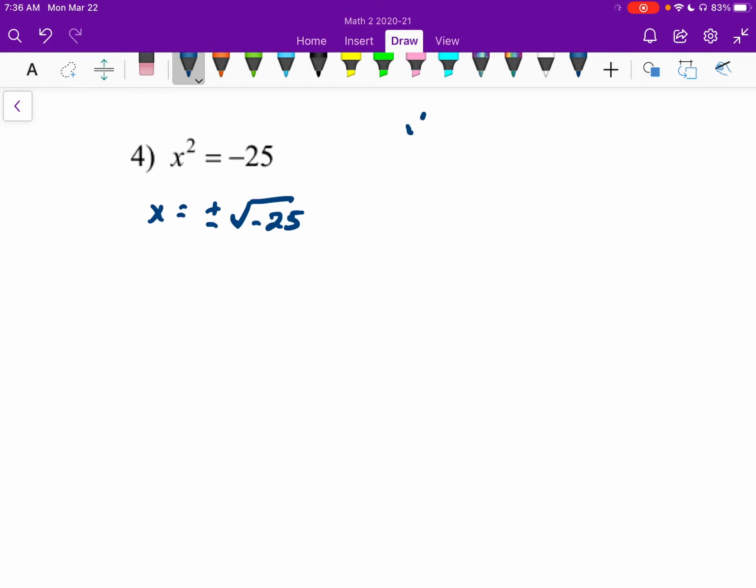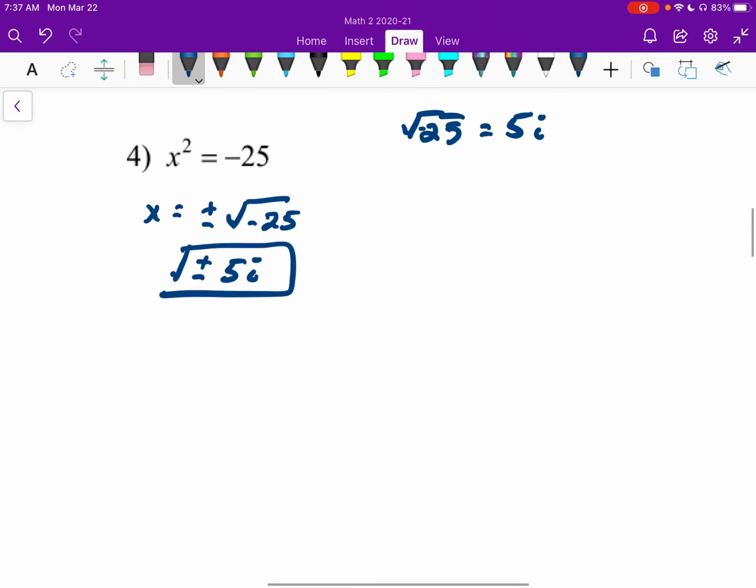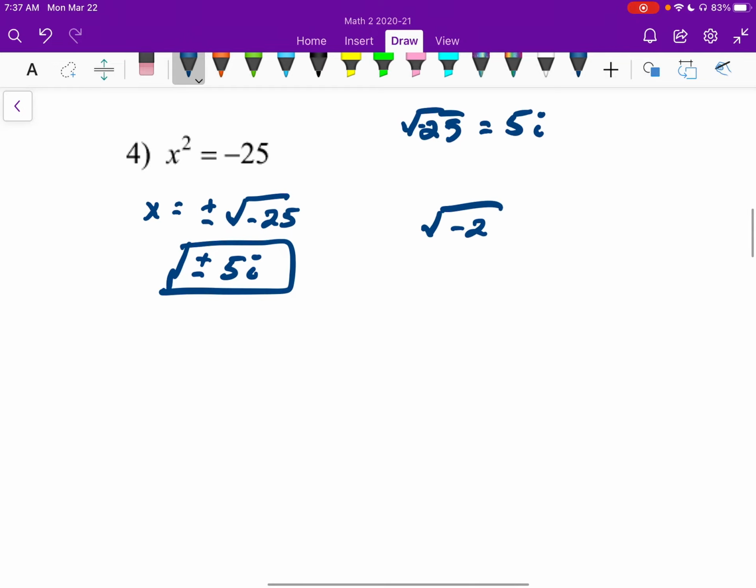We know that the square root of plain old 25 is 5. The square root of -25 is going to be 5i, the i standing for imaginary. So this will be plus or minus 5i. Another way to think about this is we have a root -25.